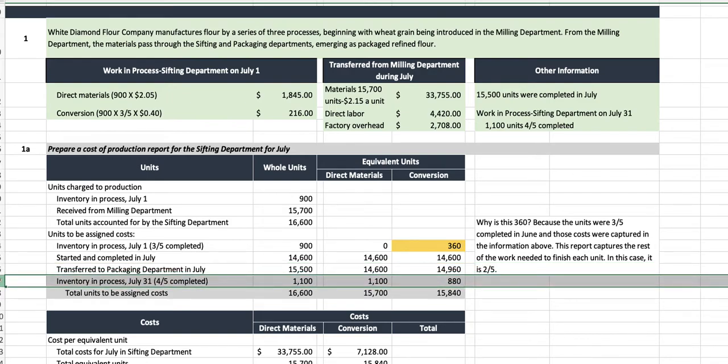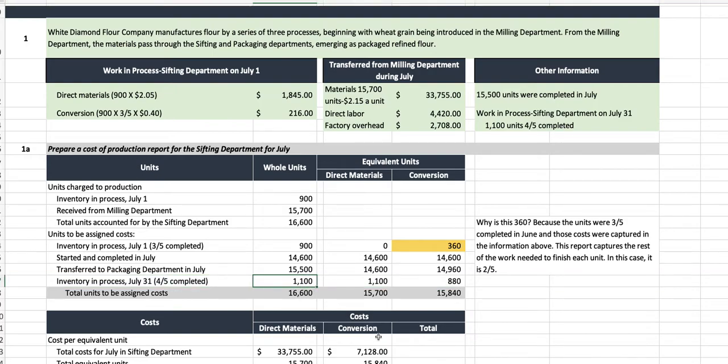Now we need to know what was our inventory in process at the end of July. We know that number is 1,100. We were given that information above. And we also know that 4/5 of those units were completed by July 31st. So direct materials, again, we assign all direct material costs at the beginning of the period.